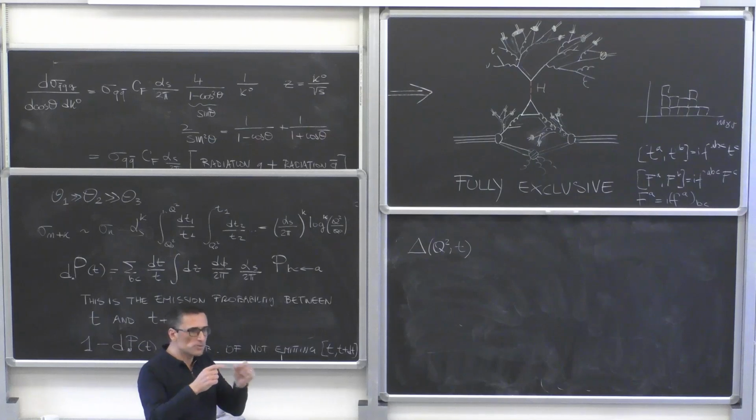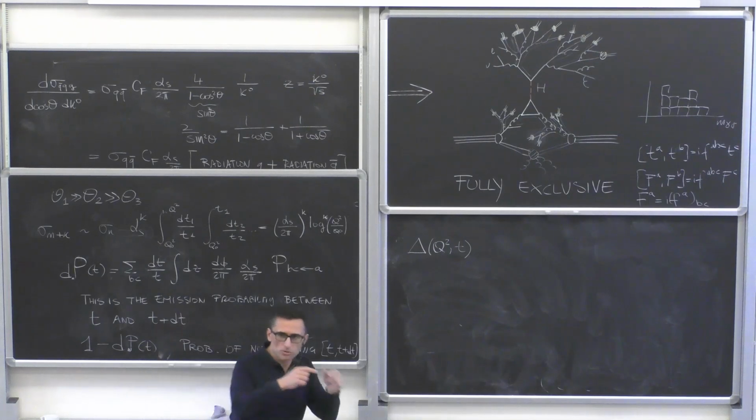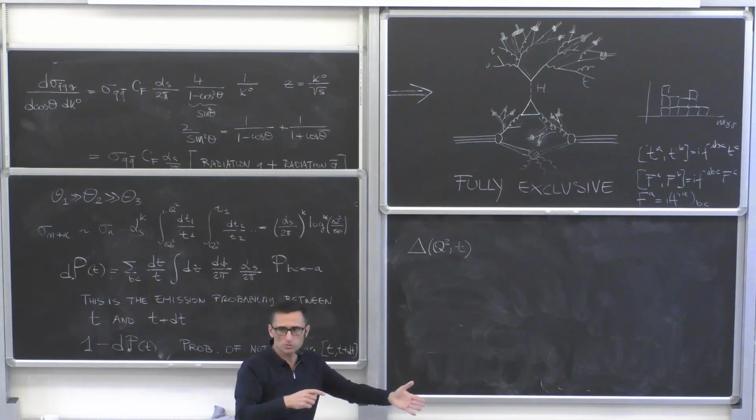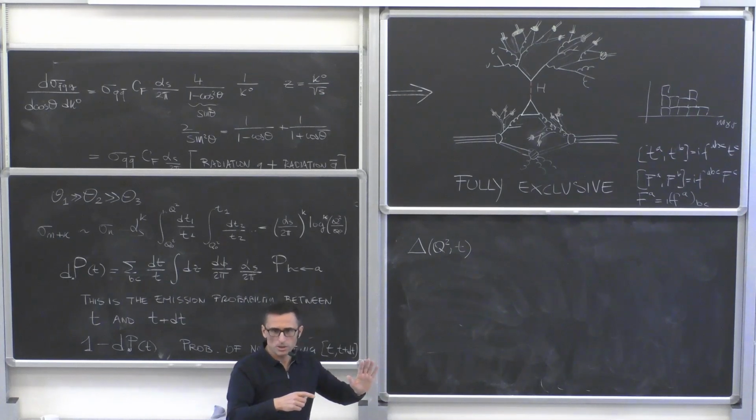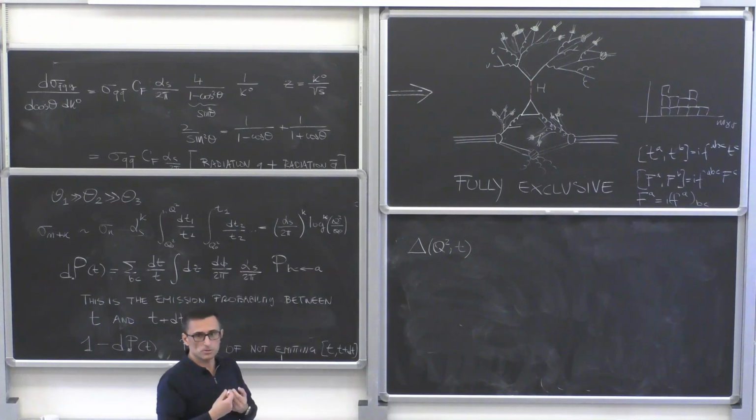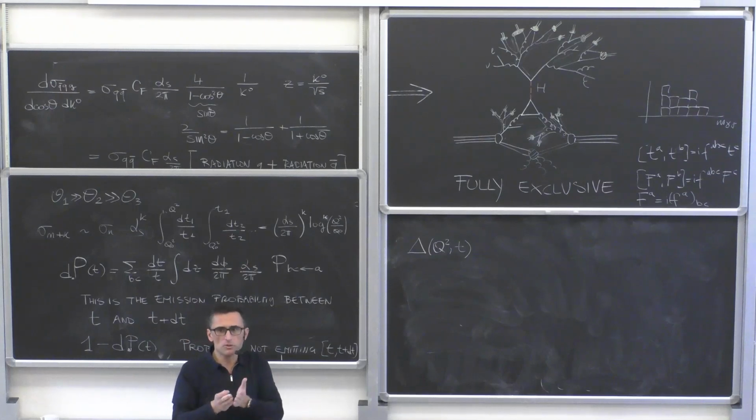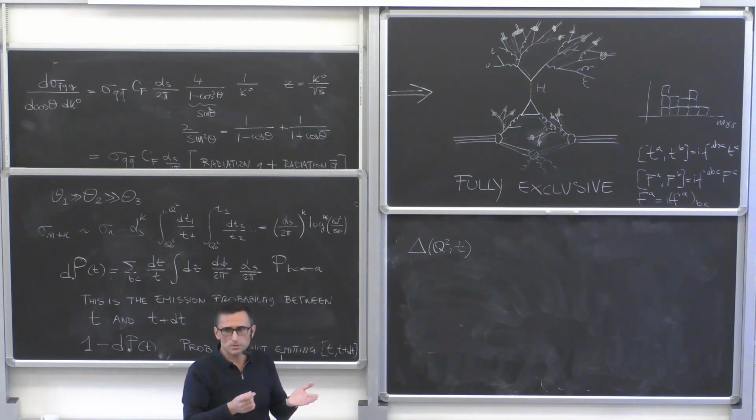If I branch, I go to a lower virtuality, that's obvious because I'm branching. So I have 2 partons instead of 1, and then I follow each parton and the virtuality has gone down. That's okay. But if I'm not branching, how can I move from one virtuality to another? That doesn't make sense.